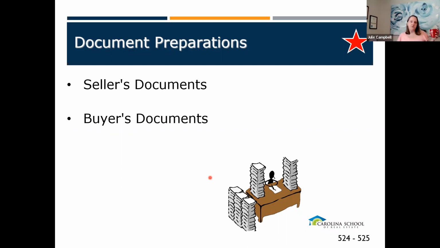Seller's payoff figures. The seller's lender will determine to the penny what the seller needs for that day to pay off their loan. The attorney has to pay off and record a release of the seller's outstanding liens before they can record the buyer's new deed.